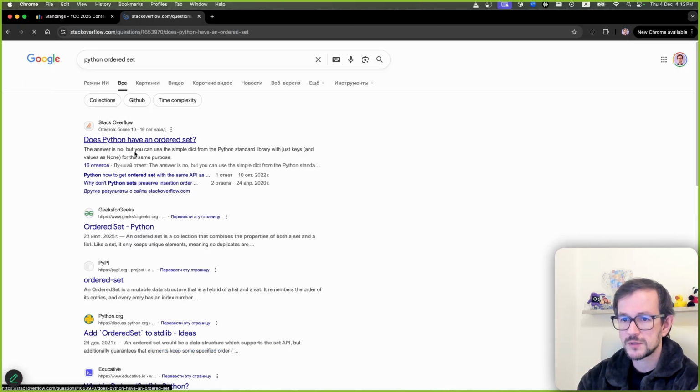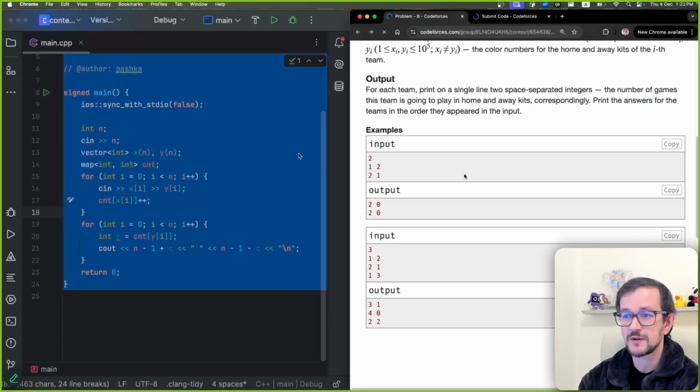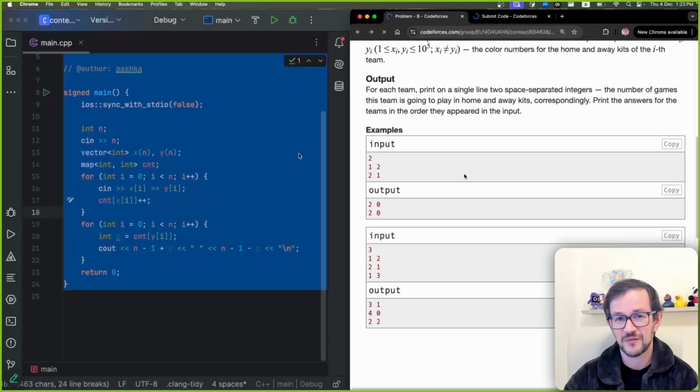Does Python have an ordered set? Let's Google. The answer is no. So you don't have any default data structure which maintains an ordered set. Maybe in some special libraries you have some, but the normal dict is unordered, like unordered map.